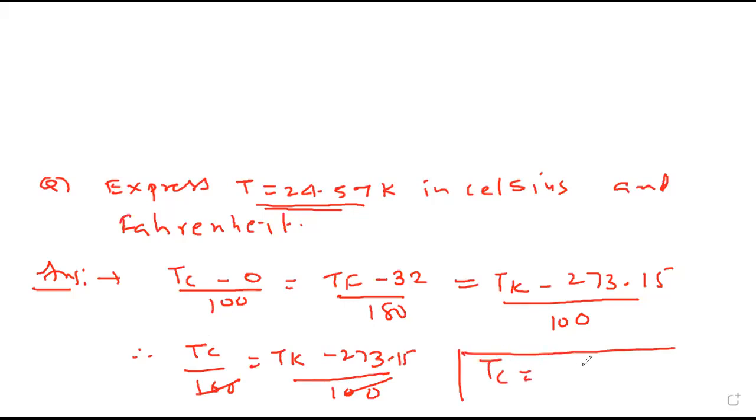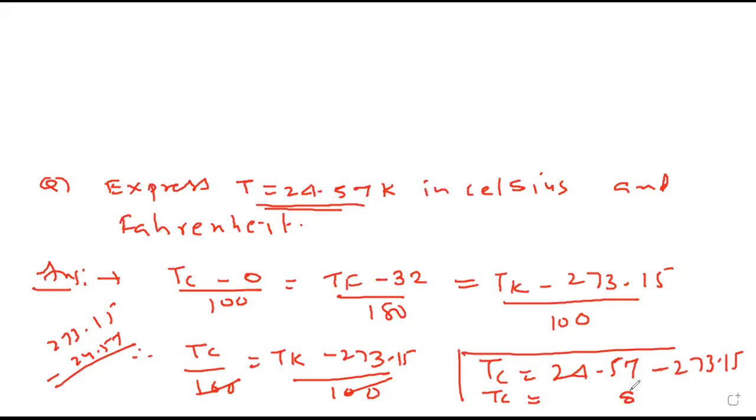So therefore, T Celsius is 24.57 minus 273.15, which gives minus 248.58 degrees Celsius, the corresponding Kelvin.